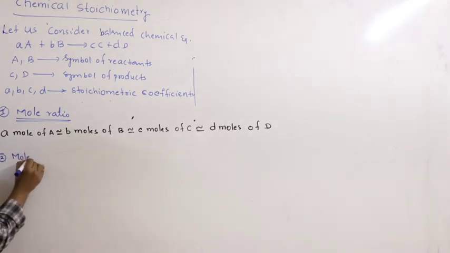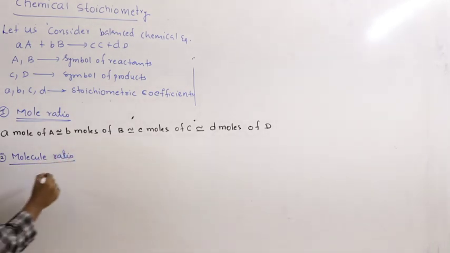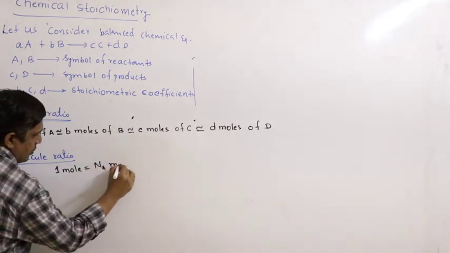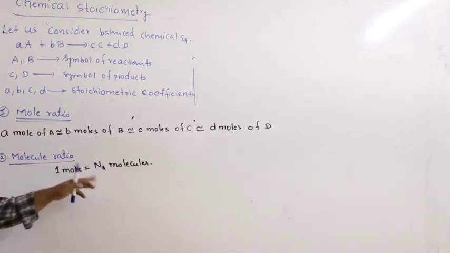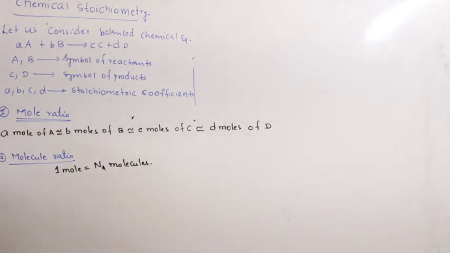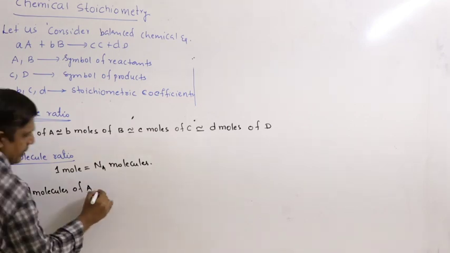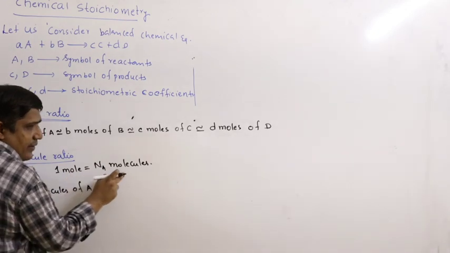Next, molecule ratio. One mole is equal to Avogadro number of molecules. One mole contains Avogadro number of molecules of respective component. How many moles we have? a moles. If one mole contains Avogadro number of molecules, a moles contain a into Avogadro number of molecules of capital A, stoichiometrically equivalent to, we have b moles. One mole of any substance contains Avogadro number of molecules.